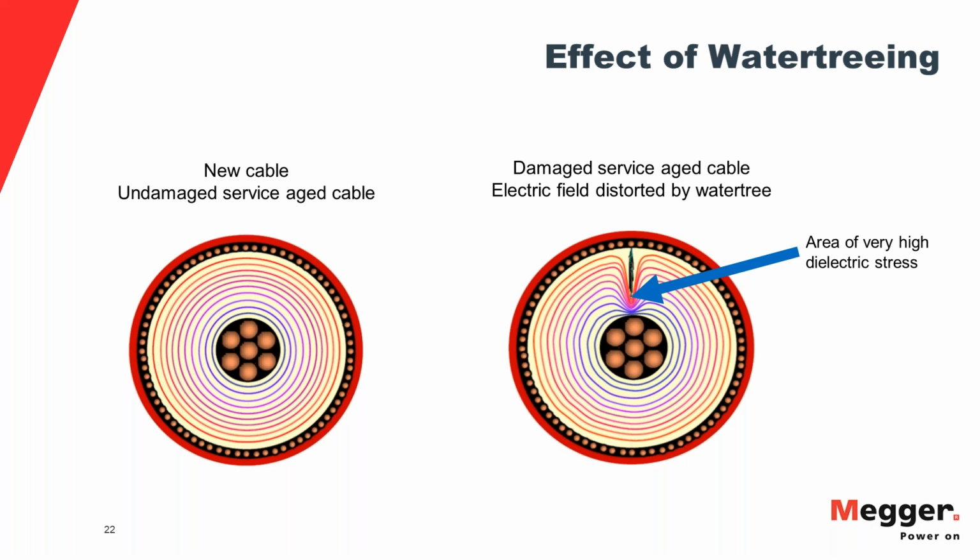And because water is very different in its permittivity than XLPE or EPR, you get a field distortion, a concentration of field, and this is when the local breakdown strength of the solid material is exceeded, and then an electrical tree is created.